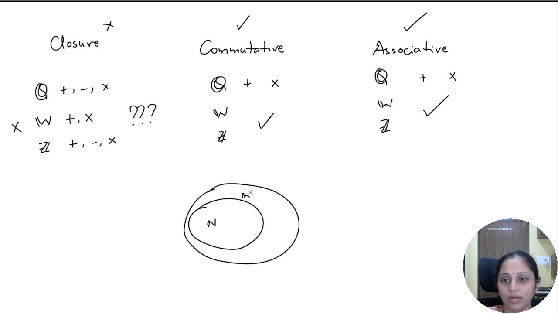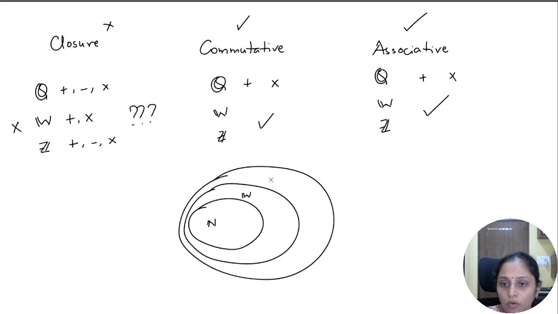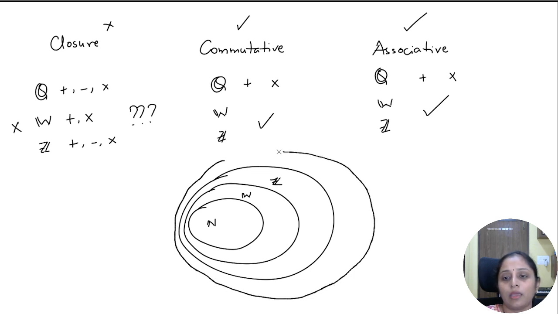I have just added one element 0 here, and then I am going to take the set of integers where I have added the negatives of all the natural numbers, and then I am going to come to my rational numbers. Now here what I have done, I have taken all the numbers in the form p by q, where p and q are integers and q is not equal to 0.